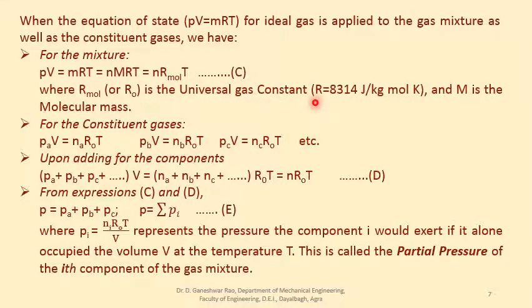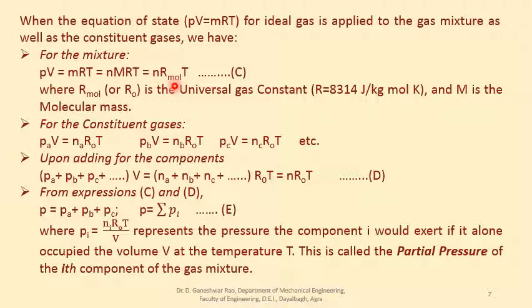And we have seen earlier in first year that its value always comes out to be 8314 joules per kg mole K, right? So for any gas, if its characteristic gas constant is multiplied by its molecular mass, it will give you the same value that you have already seen, right? So the equation finally becomes, for the mixture, PV equal to nR0T, or R mole T, where T is the temperature, V is the volume, P is the pressure of the mixture and n is the number of moles of the mixture.